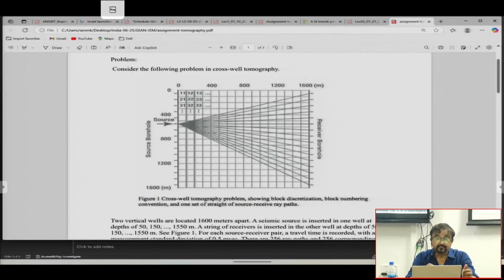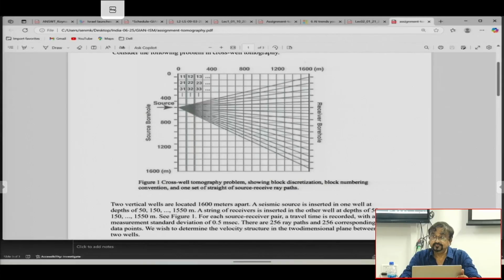What we have is this particular model, which is 16 by 16, okay? In here, I have sources on this side and receivers on this side, okay? And I'm assuming that my ray paths are all straight lines, okay? So then I can write this as d equals Gm, right?